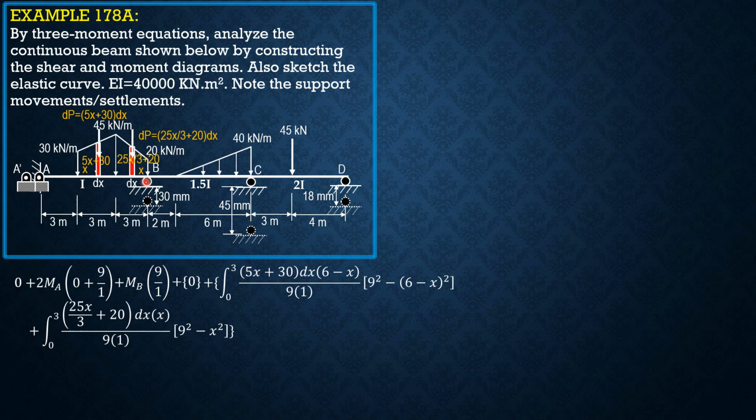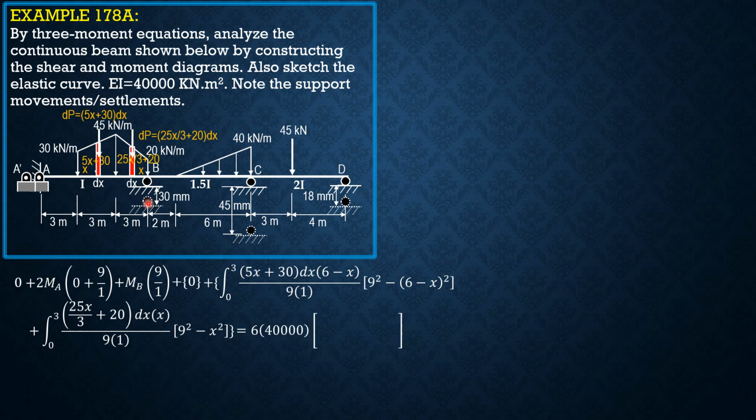6 times 40,000, because the horizontal line through the middle point A prime crosses A prime. So HA prime is 0, while HB is negative 30 mm, or negative 0.03 divided by 9.